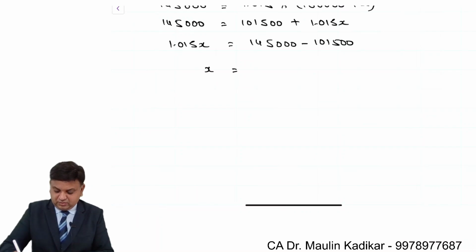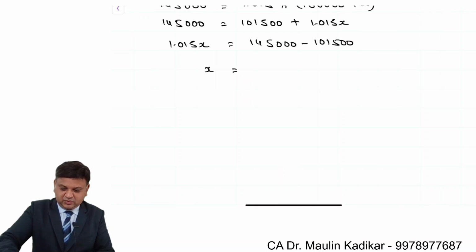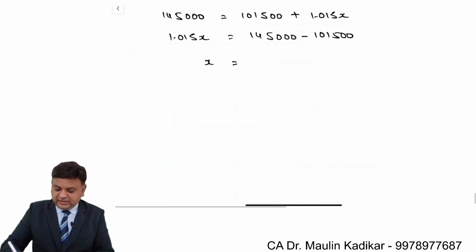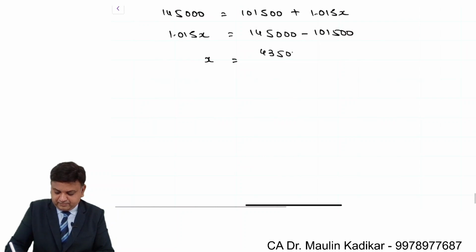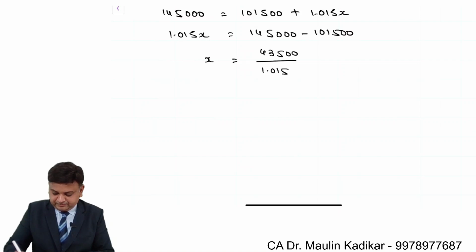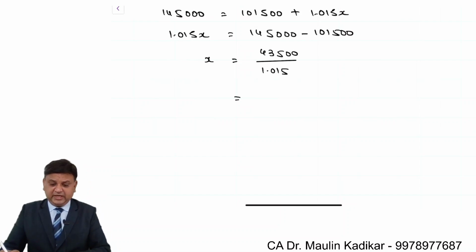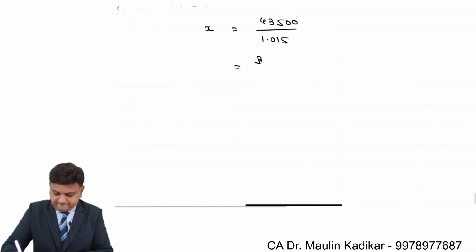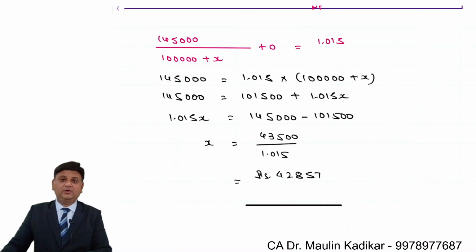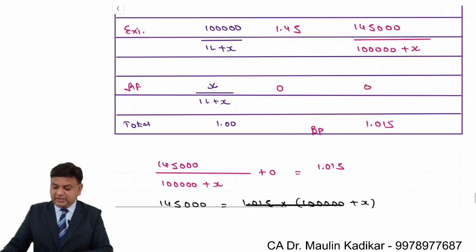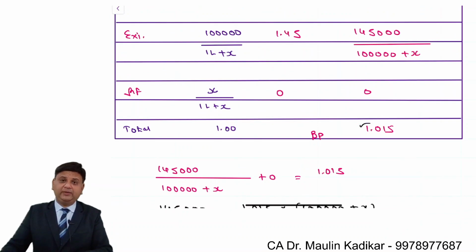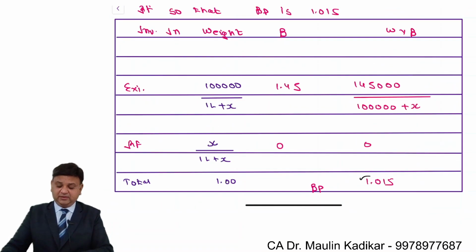So X is equal to 43,500 divided by 1.015, that comes to 42,857. So this is the way the amount of the additional investment to be made in a risk-free security so that the beta of the portfolio will reduce to 1.015. That is what we understand.